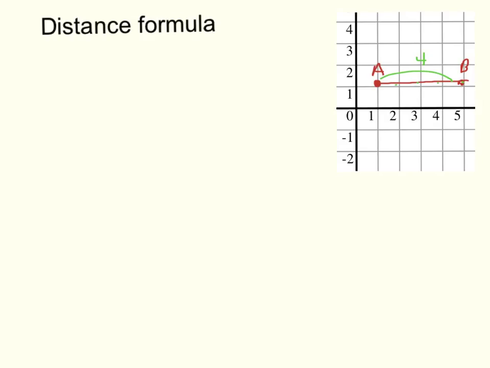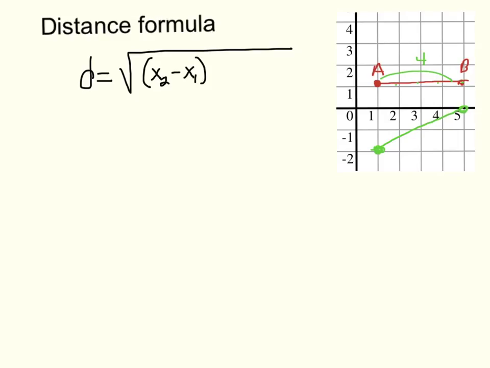However, what happens when you have something that looks like this? What's the distance from this point to this point? Now that's going to be a little different, so we're going to use the distance formula to find that. The distance formula is d equals the square root of the difference of your x coordinates, squared, plus the difference of your y coordinates, squared.